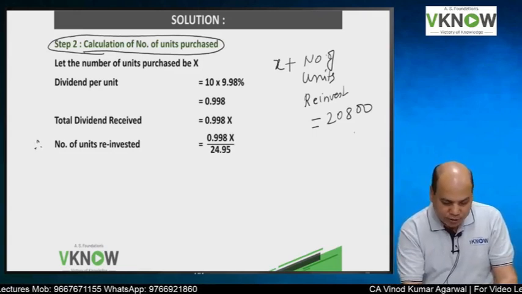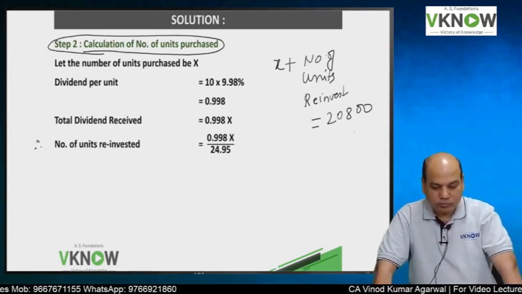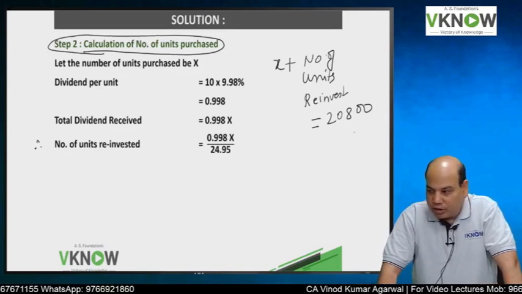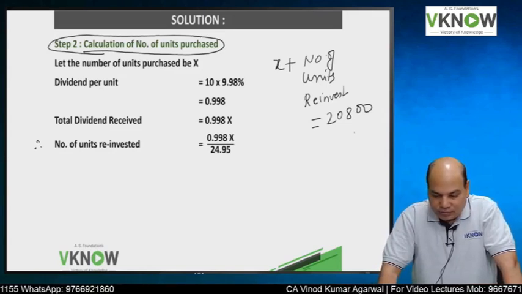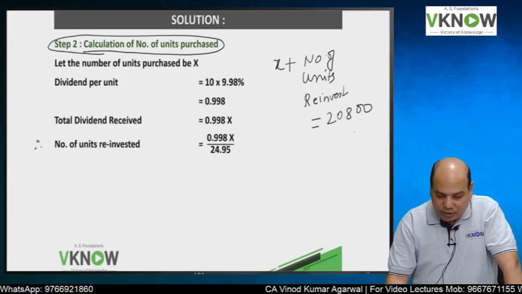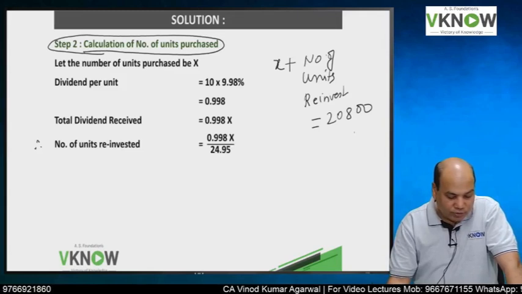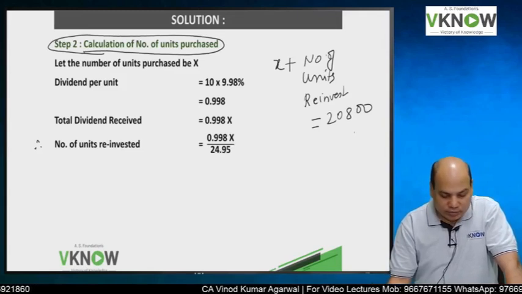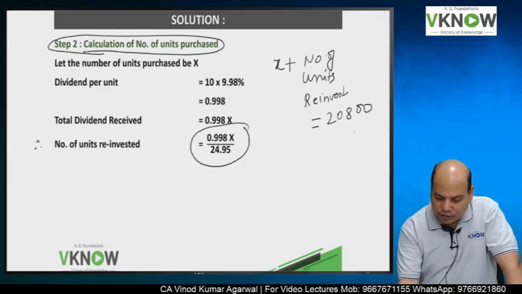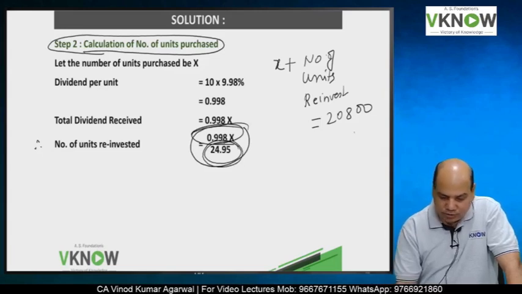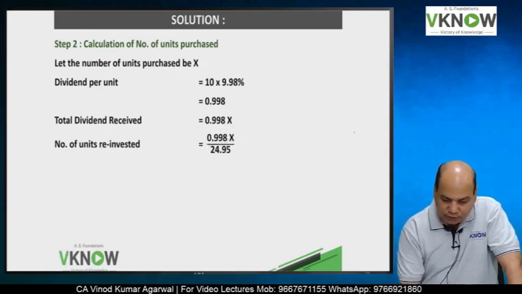Therefore, number of units reinvested will be 0.998x divided by 24.95, which is the rate at which units were reinvested. Number of units reinvested is total dividend divided by the rate at which dividend was reinvested, 24.95.